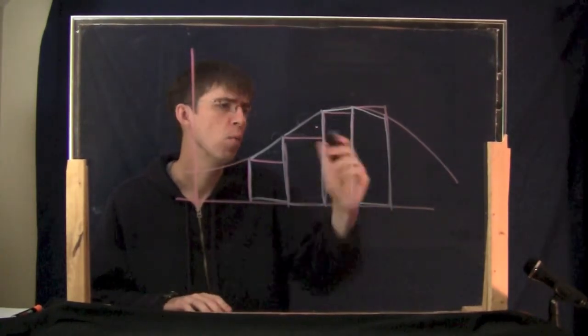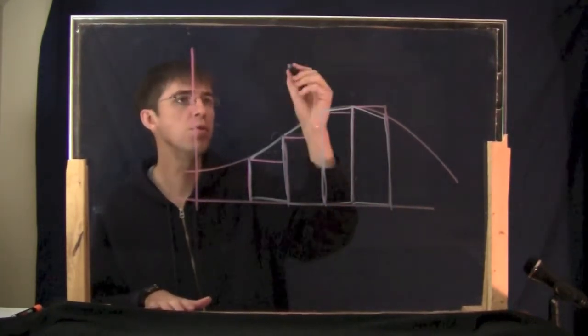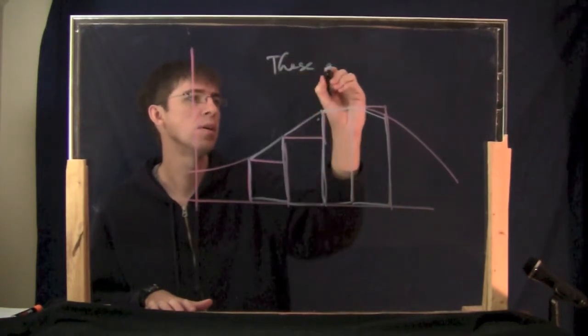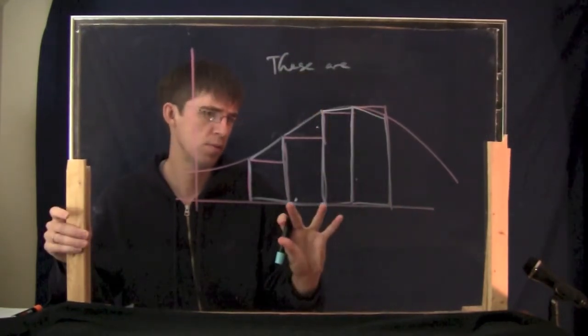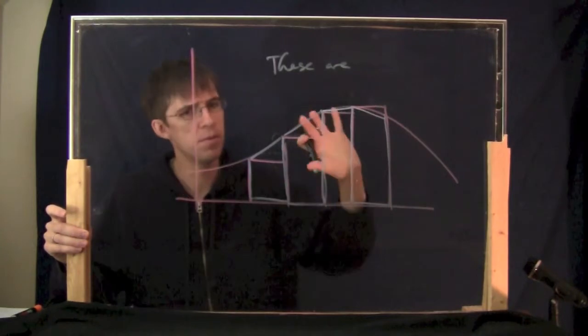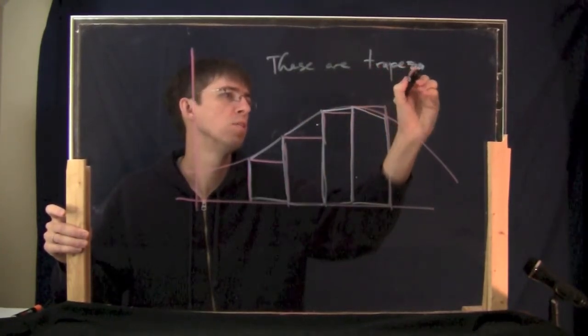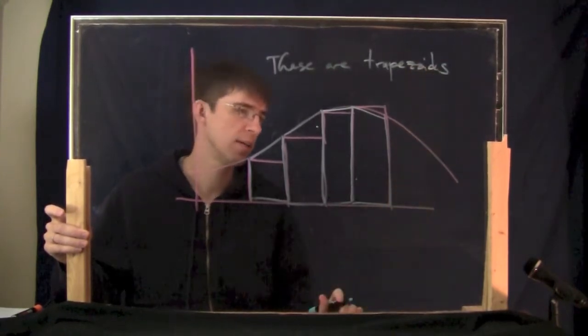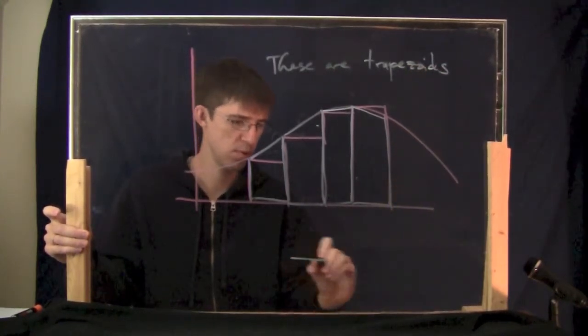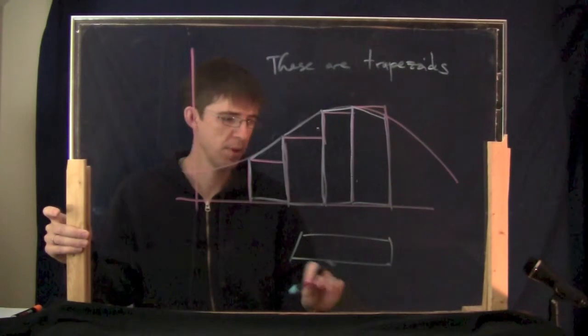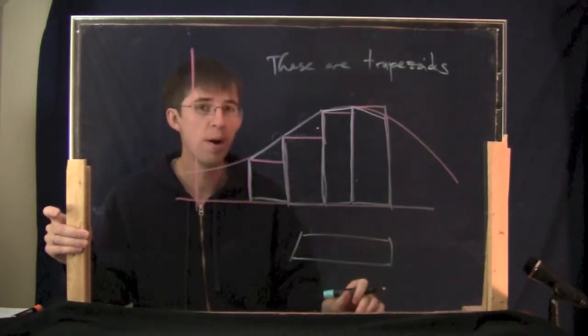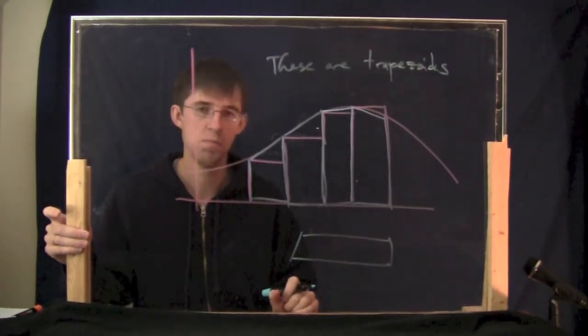Anyway, what kind of a shape are these, the blue shapes? It's sort of rectangular, but it has that thing. Actually, if you turn your head sideways, you'll see these are trapezoids. Usually we draw a trapezoid this way, something like that. That's a trapezoid. It has 2 parallel sides and 2 sides which are not parallel.